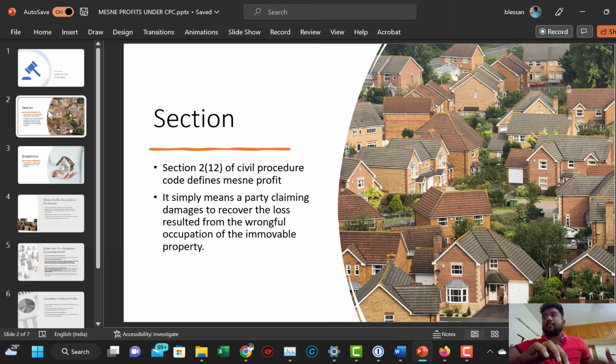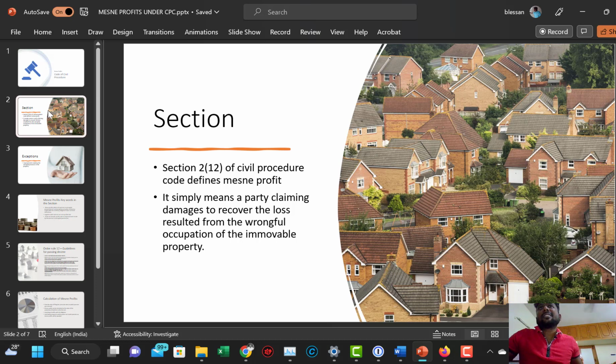It simply means that anybody who is in wrongful possession of the property, who gains any profits out of it, has to give it to the legal person who has the right over the property. So it simply means profits arising out of wrongful possession of an immovable property. It can be a trespasser, or any illegal occupant who sits in a property which does not belong to them.